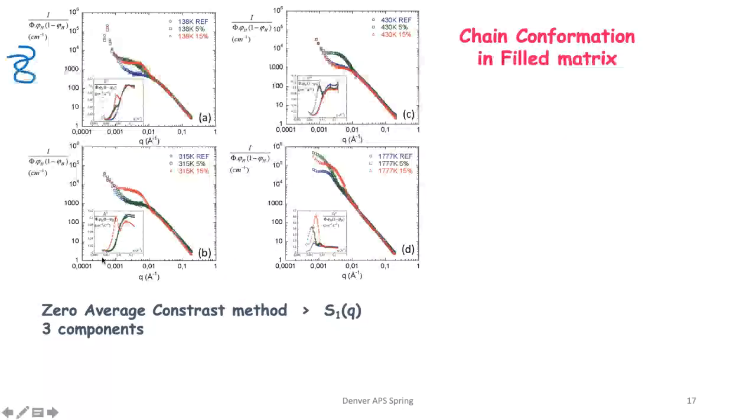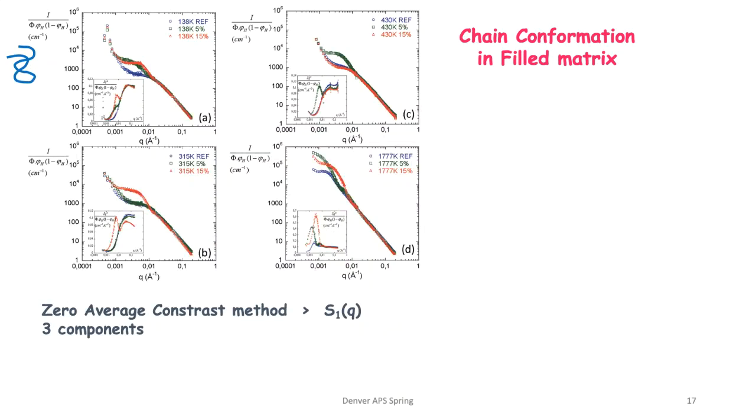You can see here some three-component ZAC measurement of Nicolas Jouault, in which what I wanted to show is that the behavior is not trivial. In the first case, with some small matrix chains, you see that the scattering is actually stronger for the largest concentration of nanoparticles, which seems logical.